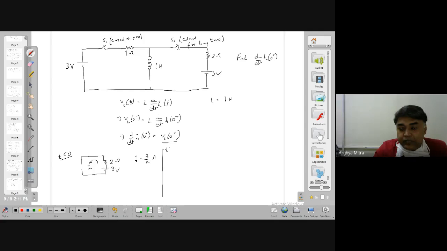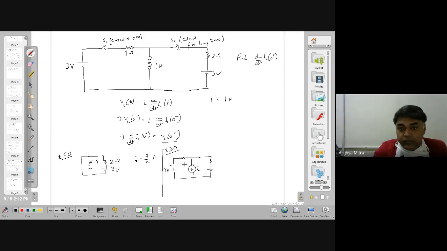Now what should be the case for t greater than or equal to 0? For t greater than or equal to 0, I have the resistance something like this. What should I put here? Just at the moment of 0 plus, it is behaving as if it is a current source of value I0.